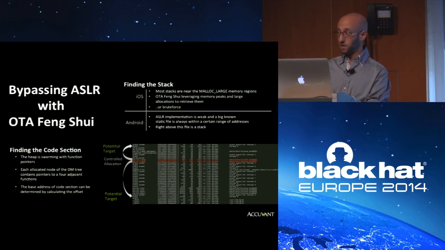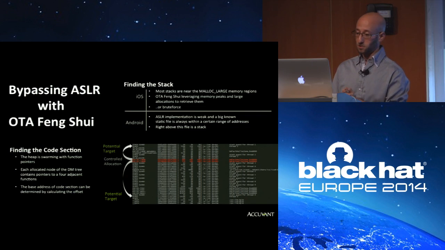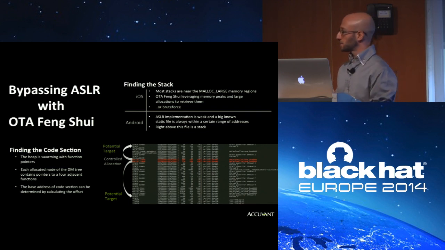Each allocated node of the tree actually gets its own set of function pointers. And using those function pointers, we can then subtract the offset to get the base address of the code section. That's more on iOS, but the same kind of concepts apply on Android.